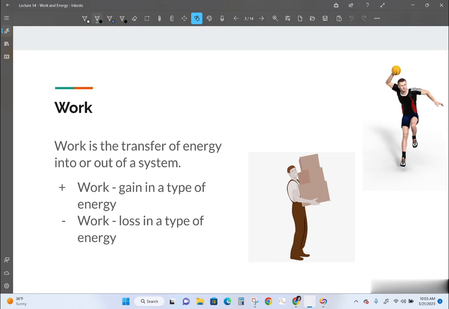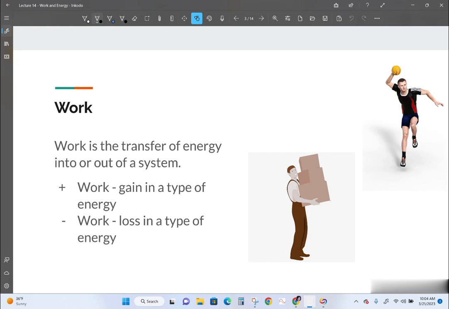So in order to give something mechanical energy, either potential energy or kinetic energy, energy due to motion, you have to do work on the system. So think about throwing a ball. What are you doing? Well, when you throw the ball and the ball leaves your hand, it started with no kinetic energy.